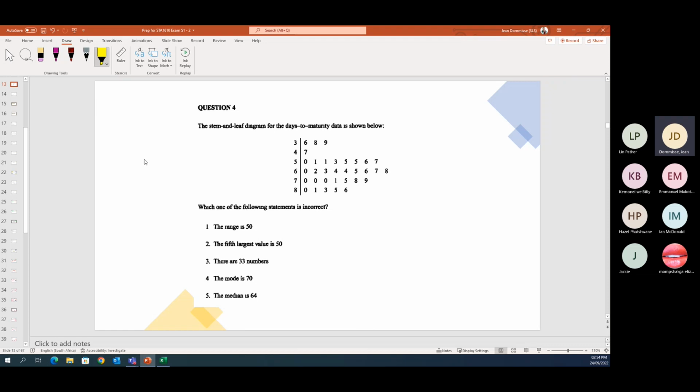Again, stem and leaf is just a visual representation of data. What they can ask you around the stem and leaf is very similar to if you have a table of data or anything like that.